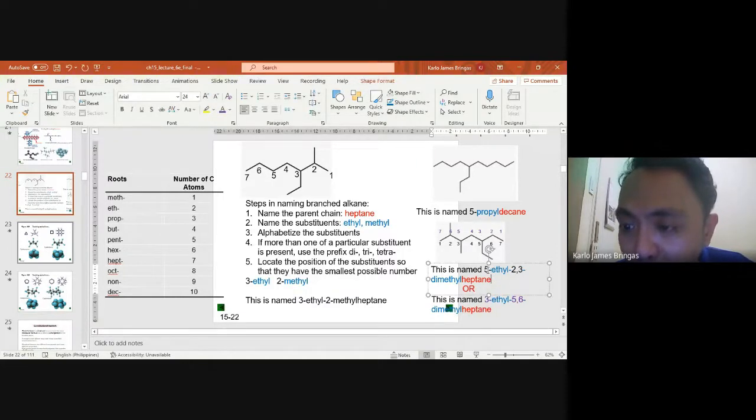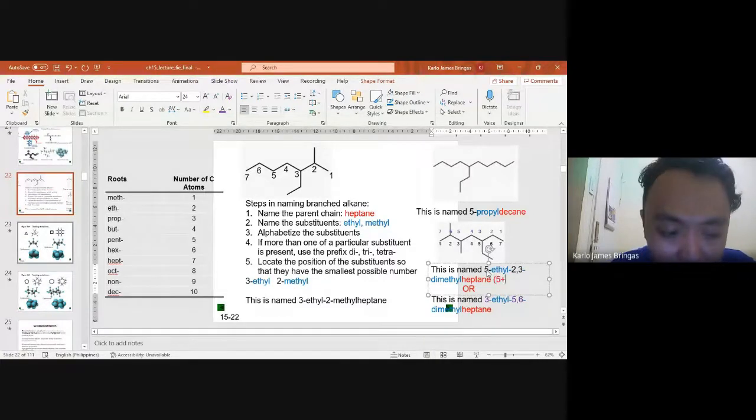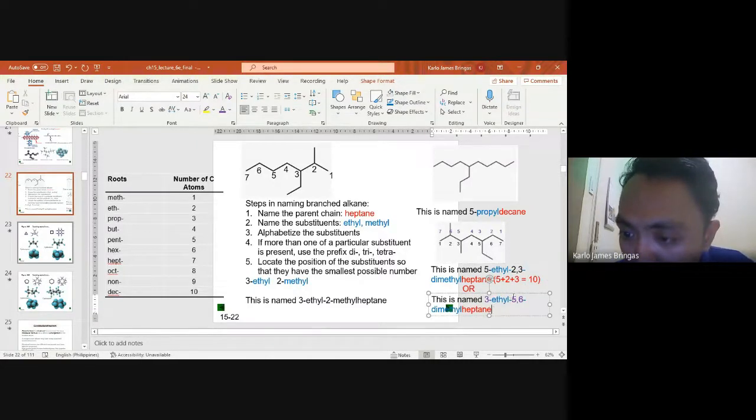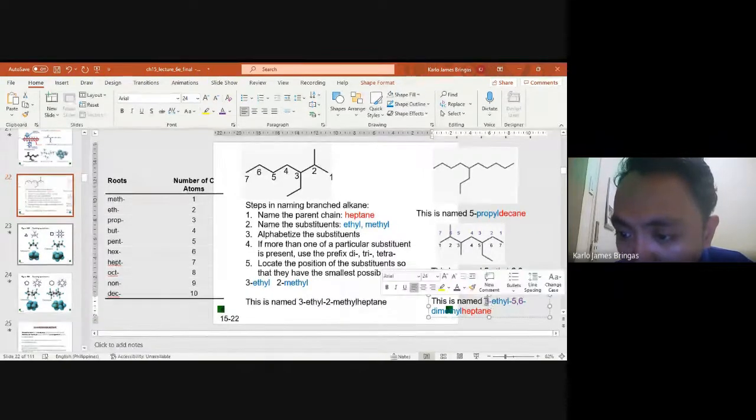What you can do is you can add all of these numbers together. So 5 plus 2 plus 3 gives me a total of 10. So the alternate name, meron kang 3, 5, 6.